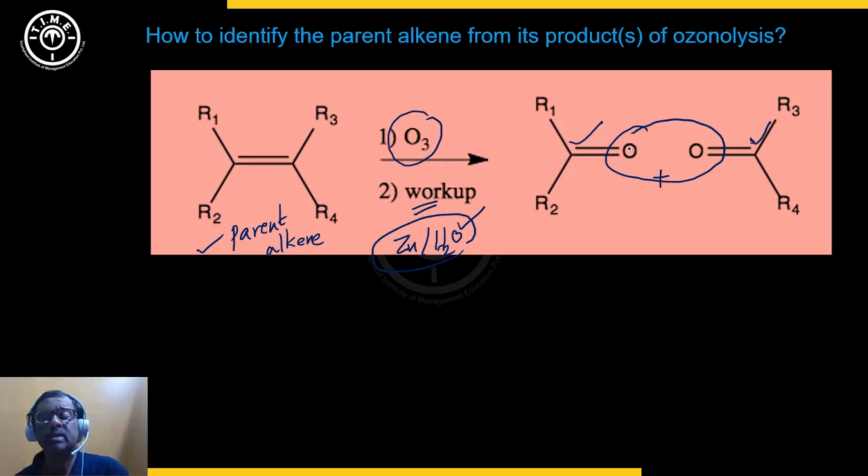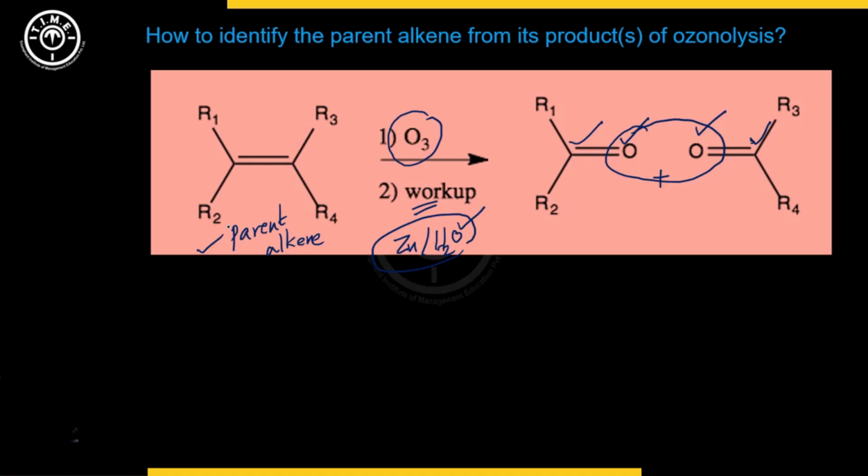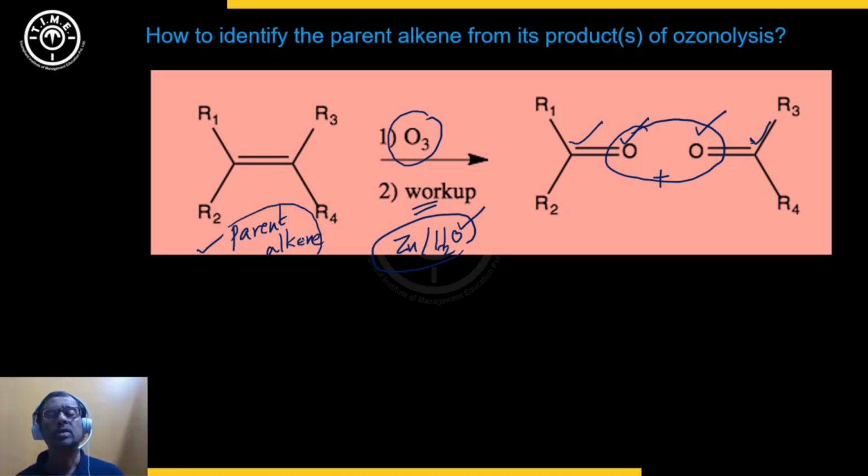By simply removing the two oxygens and then attaching the two carbons that held the oxygens with a double bond. So by looking at the products, removing those two oxygens and joining the carbons which had those oxygens attached, we are going to have the parent alkene, right? So this is a simple technique that we will use to get the parent alkene out of the products of ozonolysis. I hope this is clear.